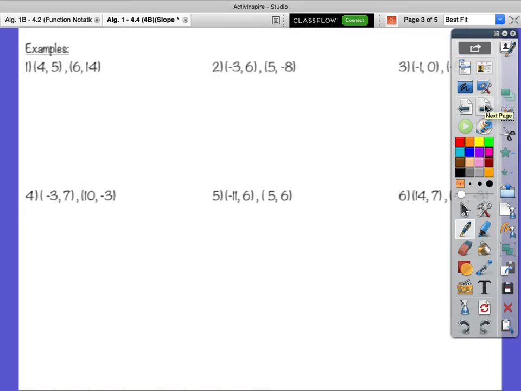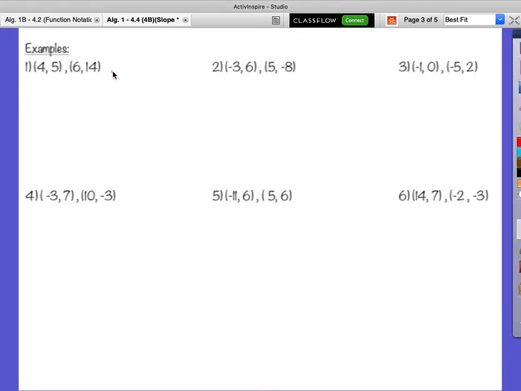Examples. We have two coordinate pairs, okay? Now, they're both x comma y, right? This is an x comma y, and this is an x comma y, correct? Okay? Now, do we know which one's x1, y1, and which one's x2, y2? Not necessarily. And we don't really care which one's which, okay?